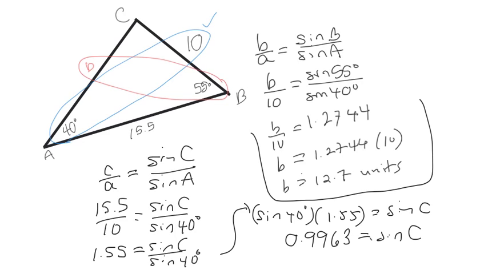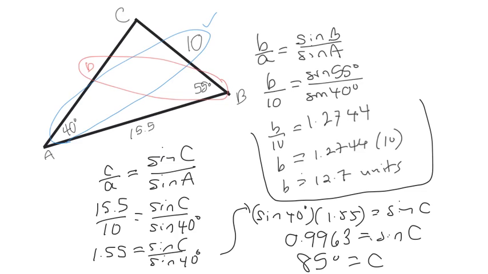And if I do that, I get that angle C is about 85 degrees. Okay. Going back and looking at the triangle, I could have worked that out if I knew A and B, from just 180 degrees minus these two angles. But it's just good to know that I would get the same answer as what came out of the sine law, in this case, 85 degrees.